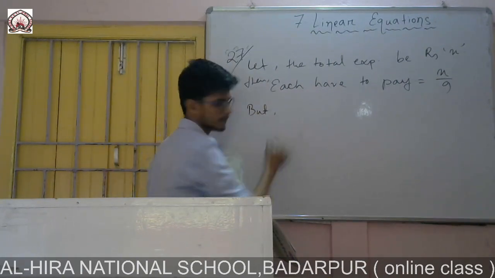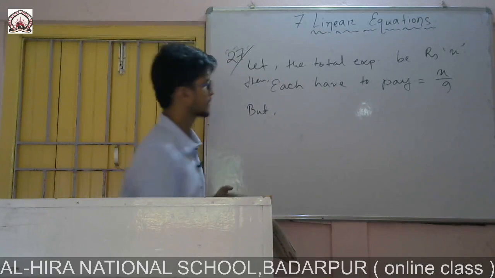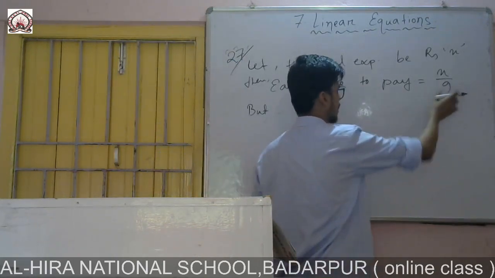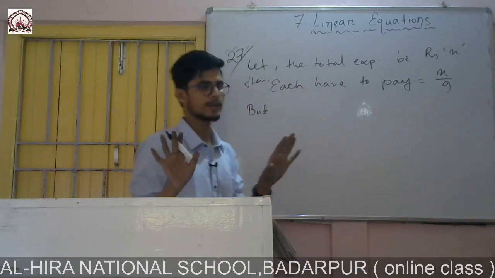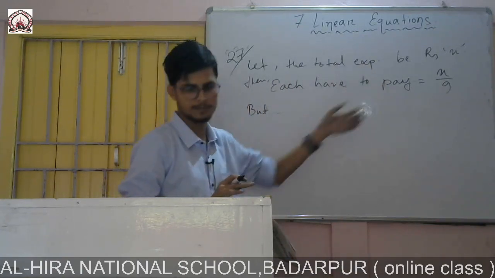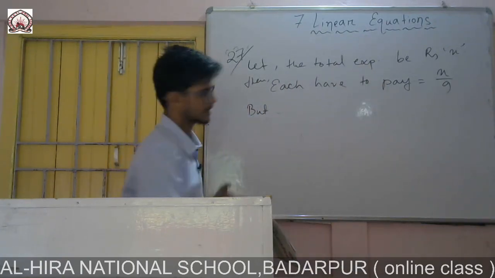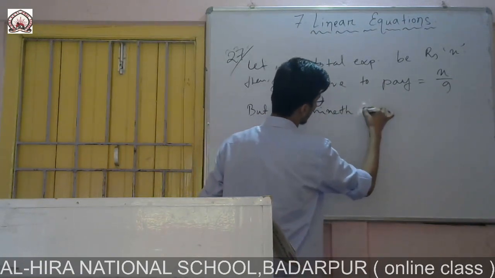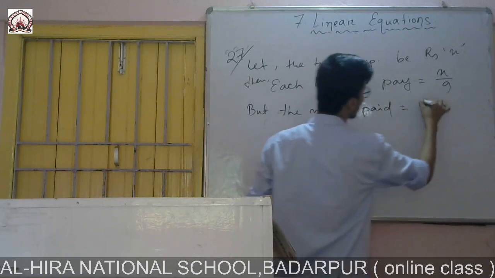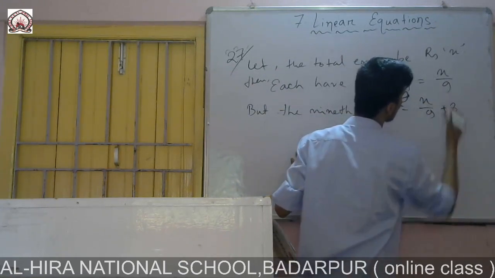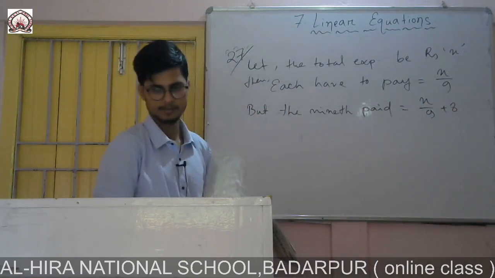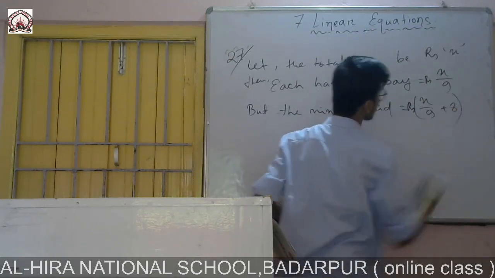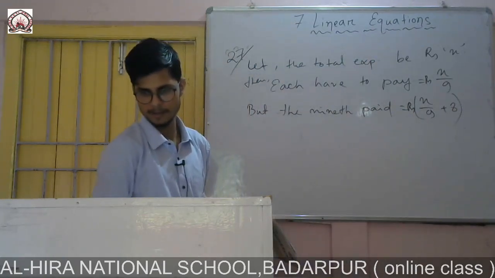There were 9 people, 8 of them paid the same amount, but the 9th paid 8 rupees more, so I will write plus 8. The 9th paid x by 9 plus 8 rupees.